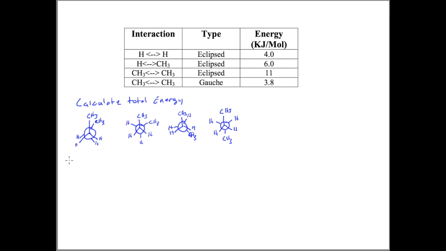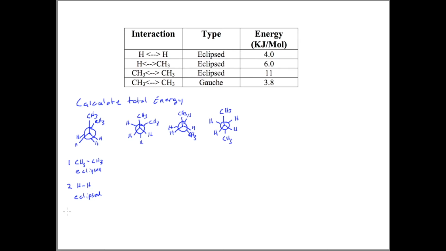So what we can do is look at these different energy values, and we can see that in this first conformation we have one CH3 to CH3 eclipsed interaction. So I can look at the chart, and I can see that a CH3 to CH3 eclipsed costs me 11 kilojoules per mole.